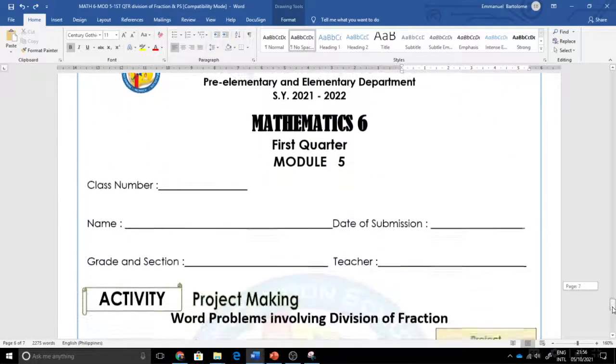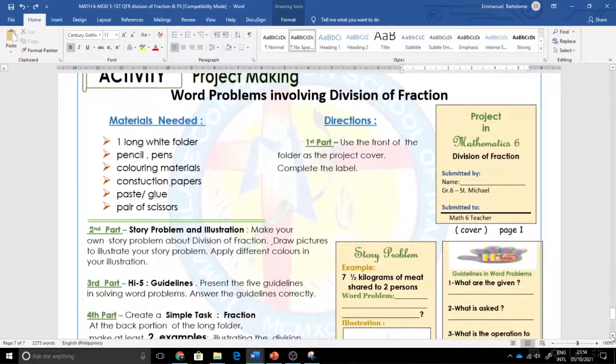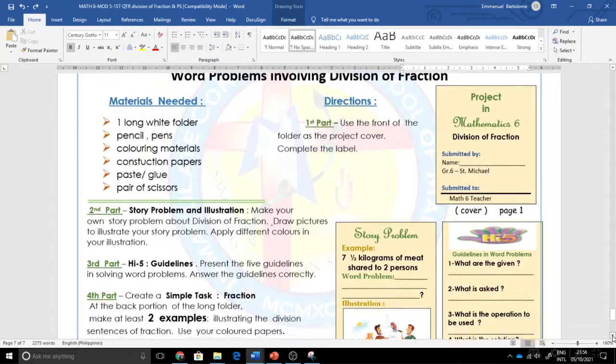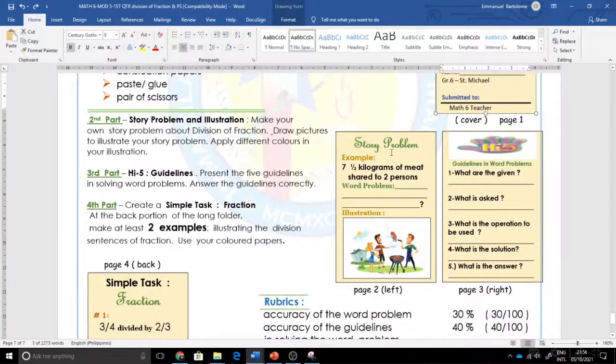Okay, and for your activity, your project making, so you're going to need the materials. You're going to make a format, the same format as what is shown here in your module. So you will make a division of fraction, writing submitted to, submitted by, and you're going to state a problem and make an illustration in relation to your word problem.